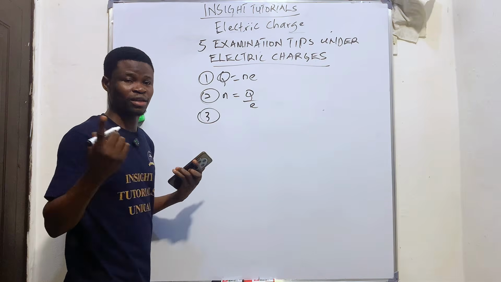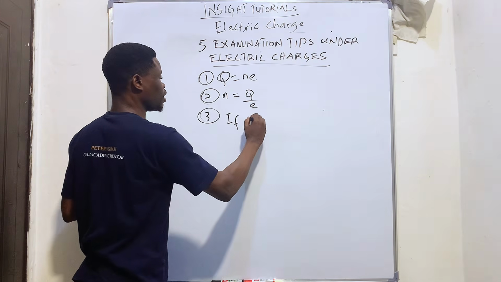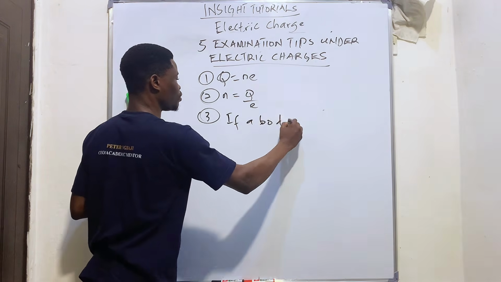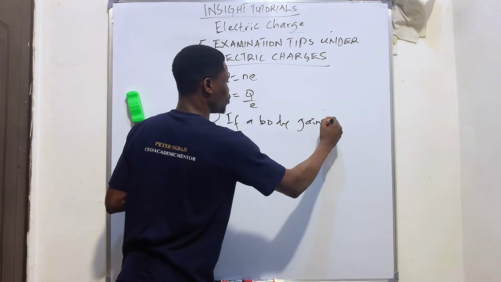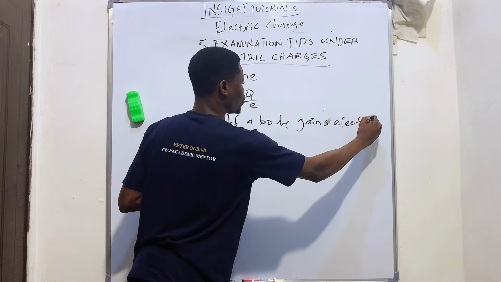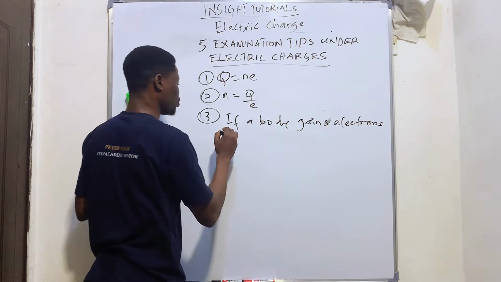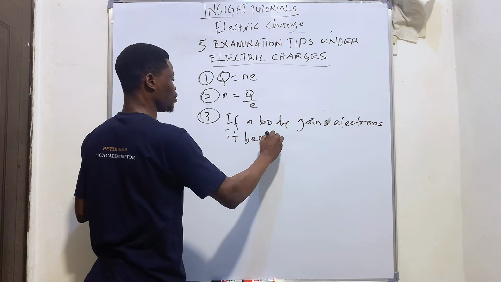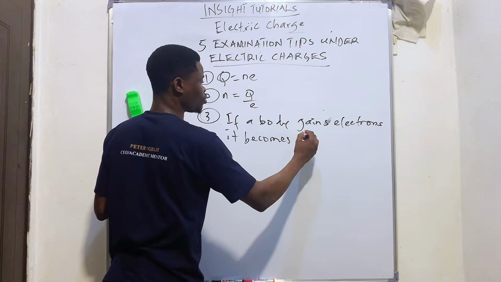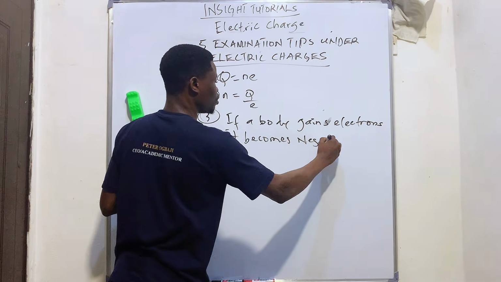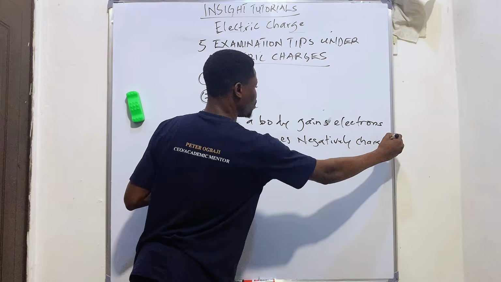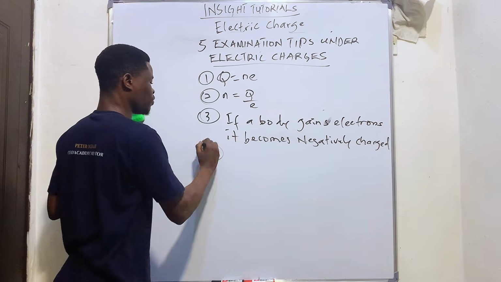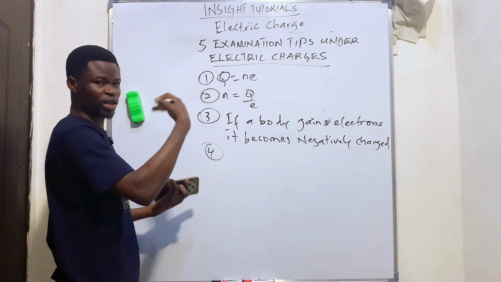Number 3, an idea you must know is that if a body gains electrons, it becomes negatively charged. Now, number 4, the same is true in the opposite case.